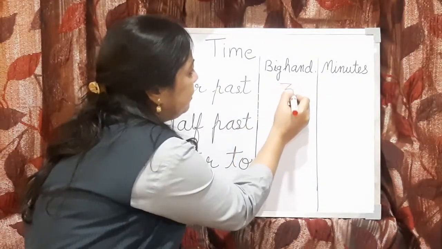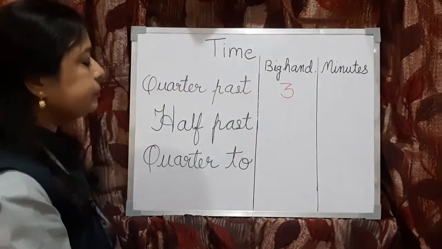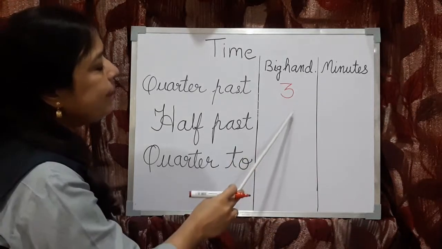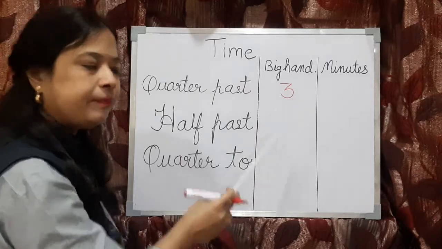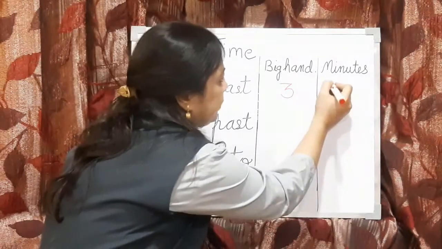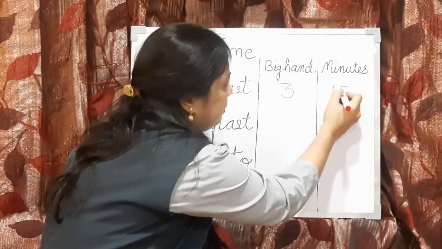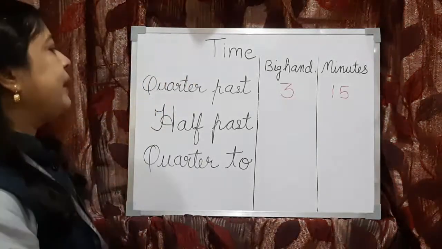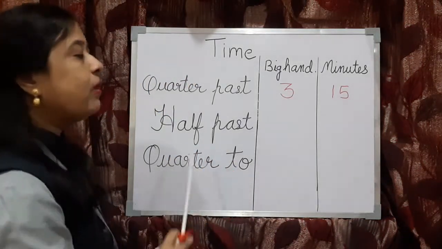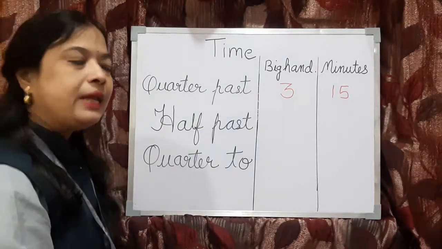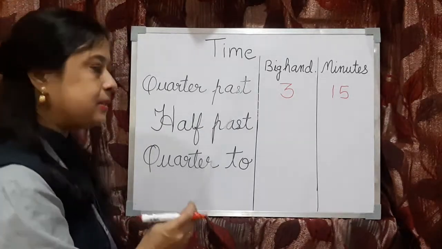And what minute is there when the big hand comes to 3 number? 15 minutes. So suppose the small hand is on 8 and the big hand is on 3. What will be the timing there? 8:15 or quarter past 8.